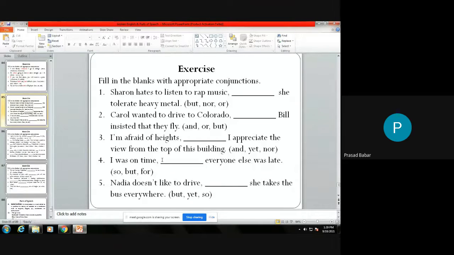Sharon hates to listen to rap music, dash dash, she tolerates heavy metal. Okay, so there are two sentences that we have to connect with a conjunction. Which would be the proper conjunction here?